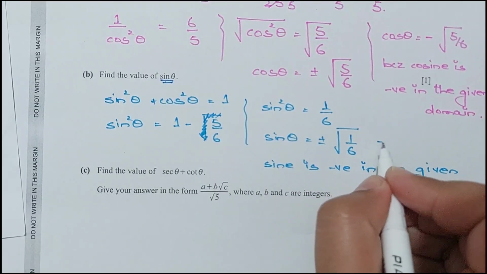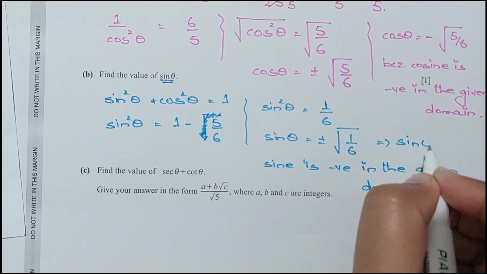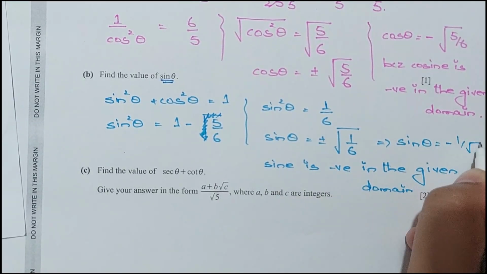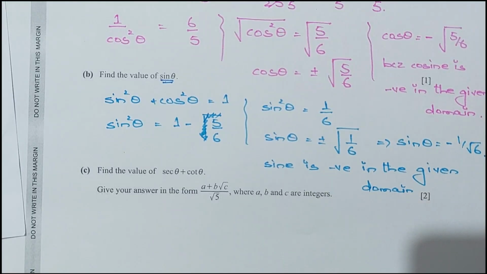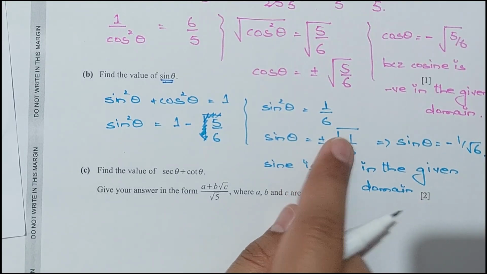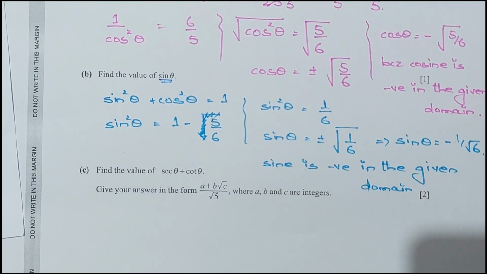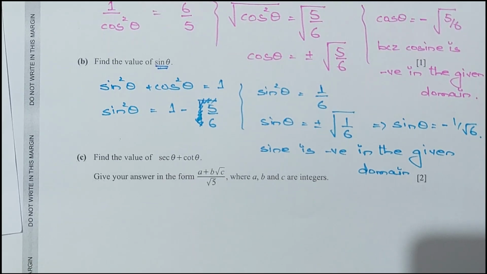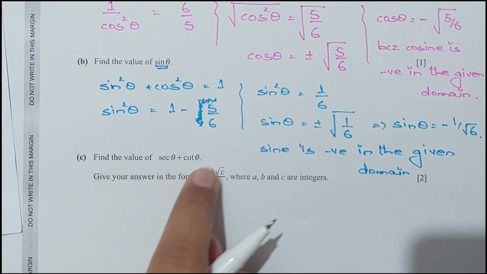So we have to pick the negative one. Sine theta equals negative 1 over root 6. You can take root 1 over 6, or since root 1 is just 1, you can take it outside as well. Both are correct.